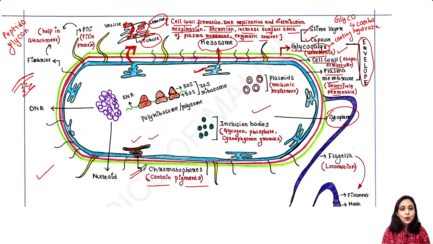They require chlorophyll for their photosynthesis. These chlorophylls are accumulated in the chromatophores. Apart from chlorophylls, different other pigments are also there in the chromatophores in the bacterial cell.